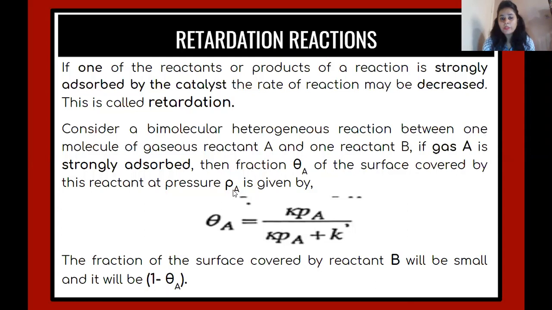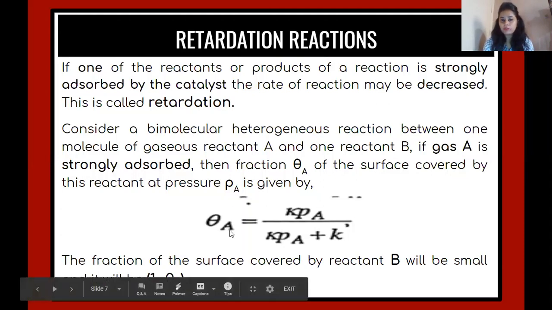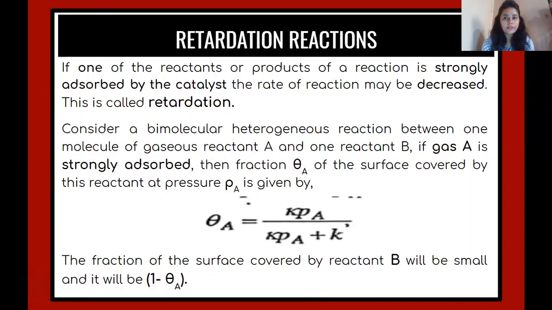Why PA? Because if you do not apply the pressure, the gas molecules will not have a tendency to get adsorbed on the surface of the solid. So the equation can be written as theta A, the area covered by gas A, equal to Kpa upon Kpa plus K dash, which we have already seen in the kinetics of heterogeneous reaction theory.